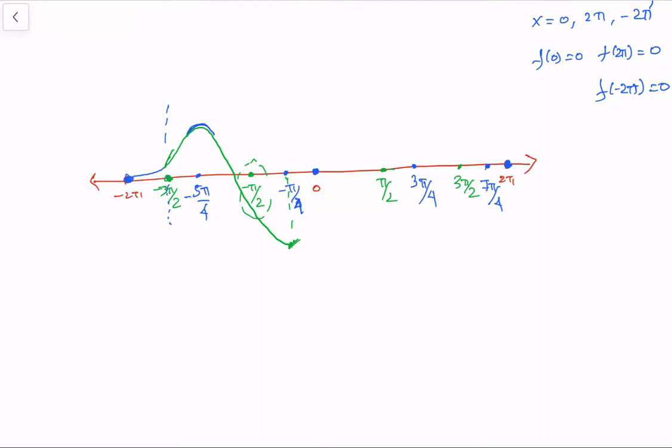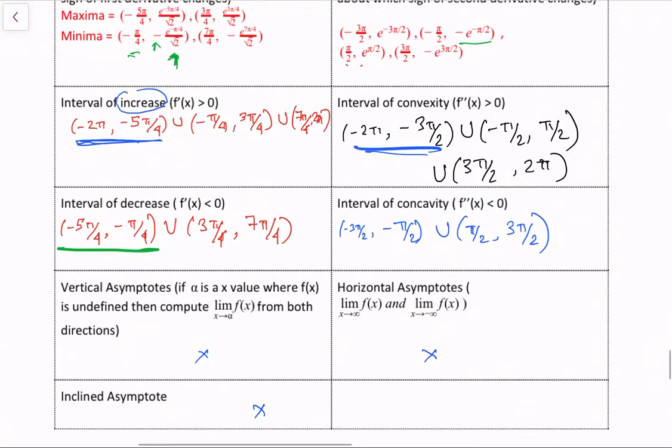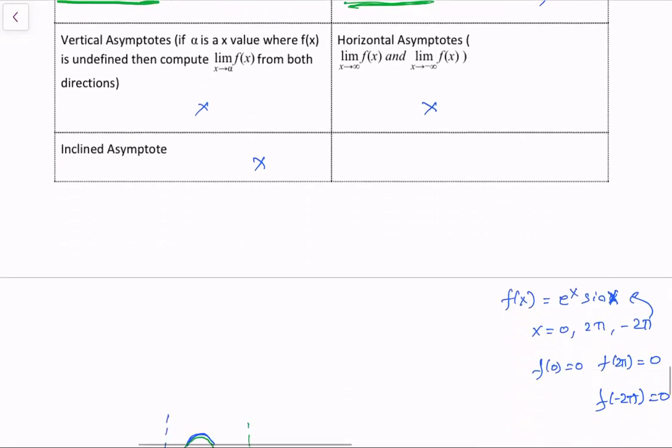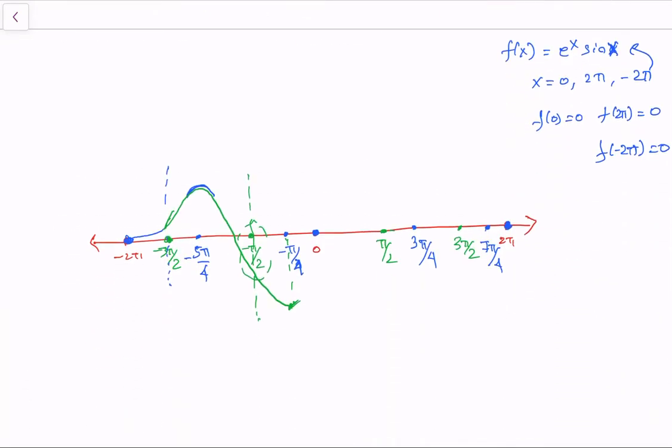Alright, now let's draw it a little bit more carefully. Up to negative pi by 2, the function is concave. That is, between negative 3 pi by 2 and negative pi by 2, the function is concave. This is what we recorded earlier. So it's decreasing, it's concave.